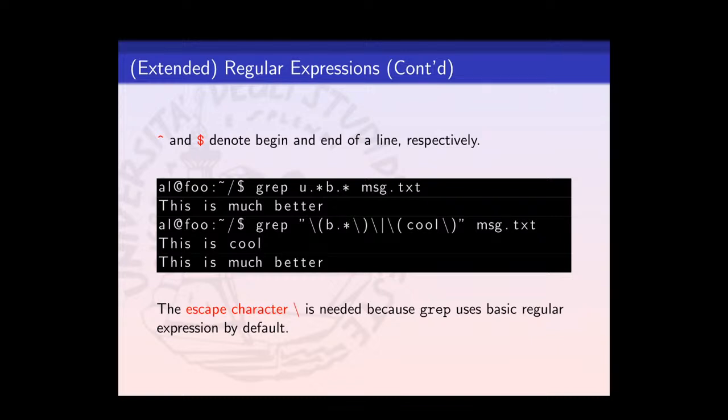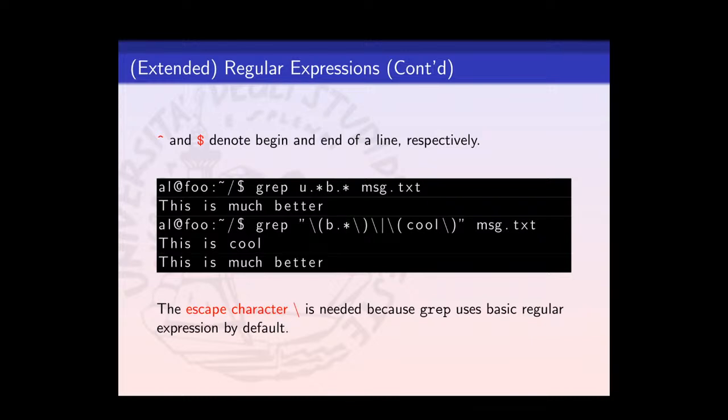In this way we are extracting all the lines which contain a letter U followed at some point by a letter B. And here is what you get.